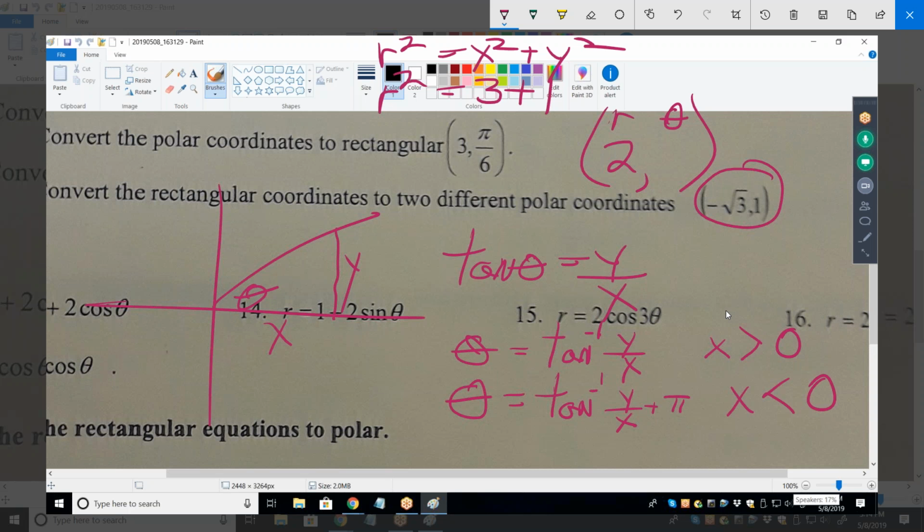Okay, so first of all, what's the inverse tan of 1 over negative root 3? So that's, use your triangles. What angle is that? Figure out where the inverse tan is 1 over square root of 3. That'll tell you the first quadrant angle.